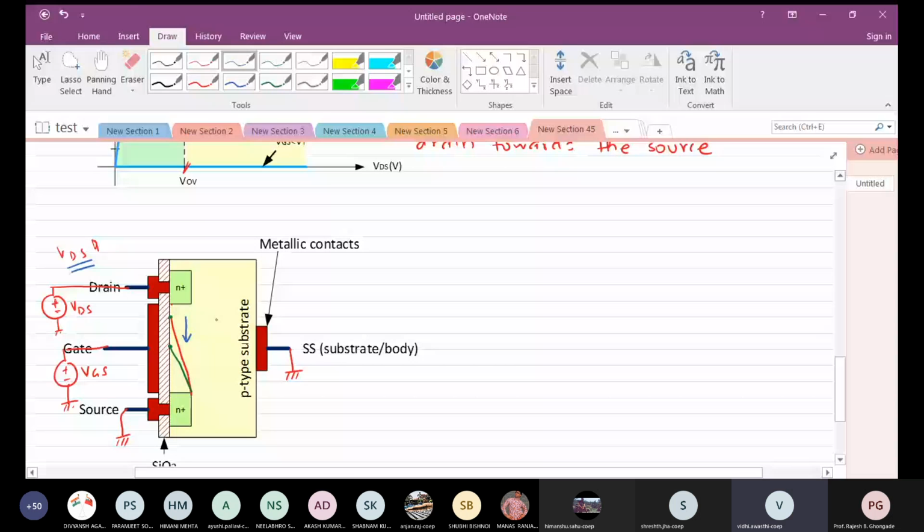Fine. So the picture that I have is the channel length, which earlier was supposed to be L. Now it gets modified to a different value. This is the source side.